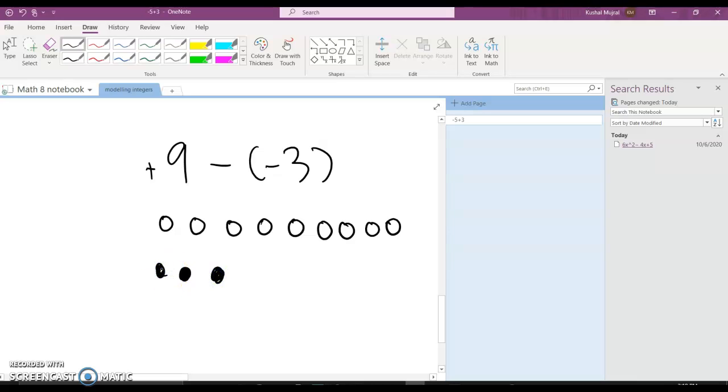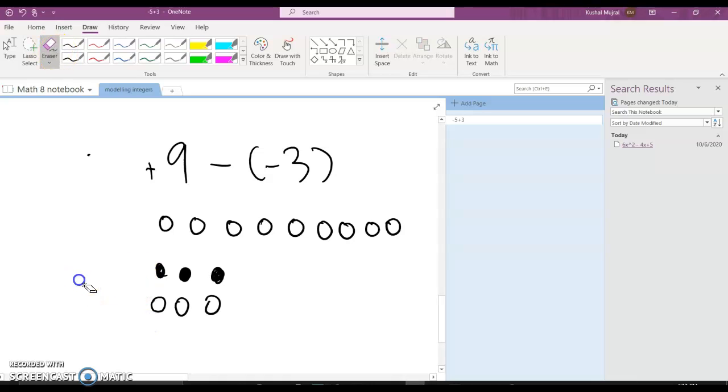Now, we can't just add 3 negatives, right? So we're going to have to make corresponding positives. So this is just 3 times 0.